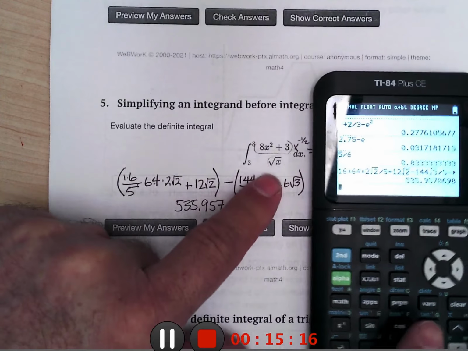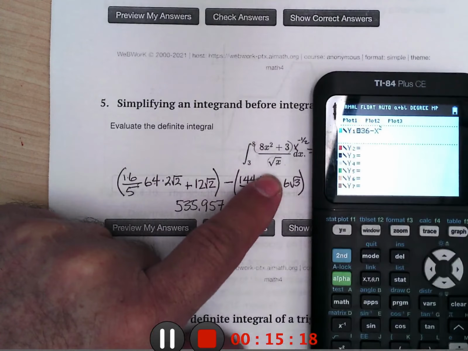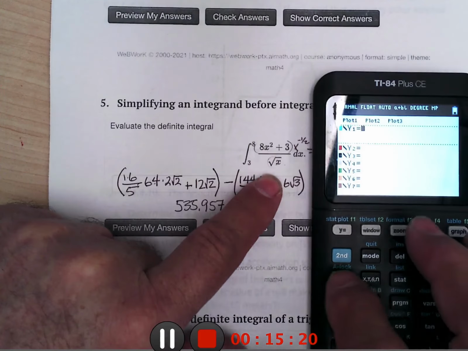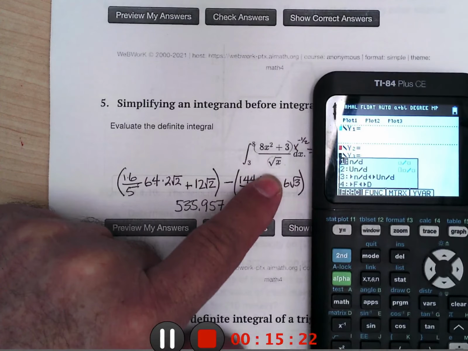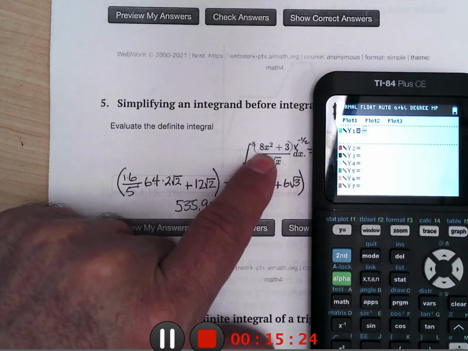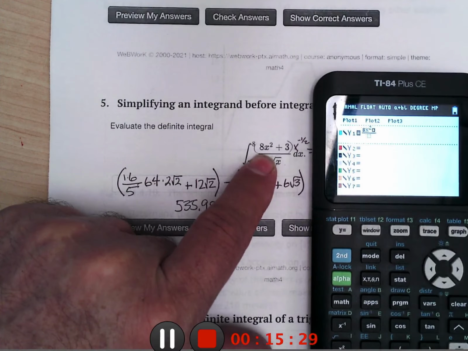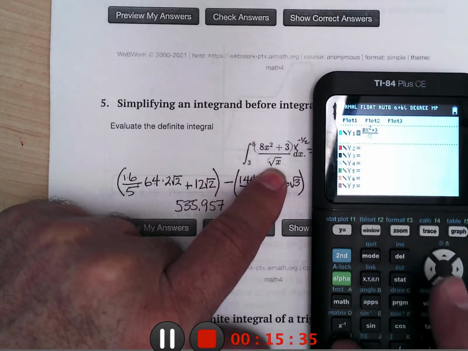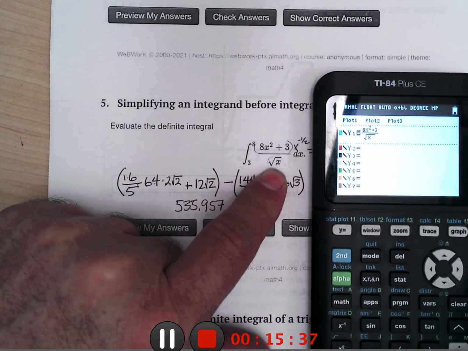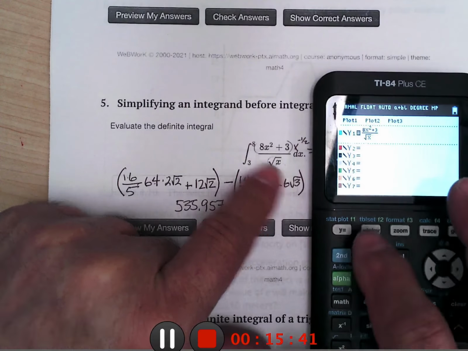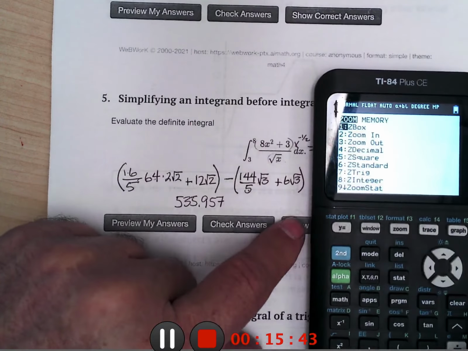Now let's try it with the calculator and see what it estimates the approximate answer is. So I go to y equals, clear that. If I go alpha, y equals, I'll get that fraction thing, and I can type in 8x squared plus 3 in the numerator, and the denominator square root of x, and we're going from 3 to 8, so zoom 6 should work for the graph.